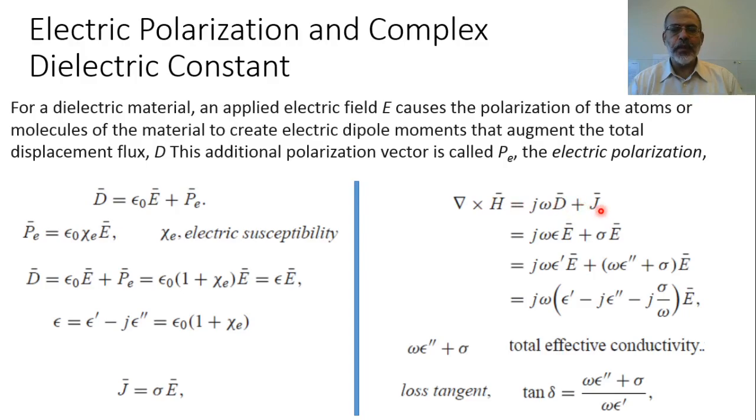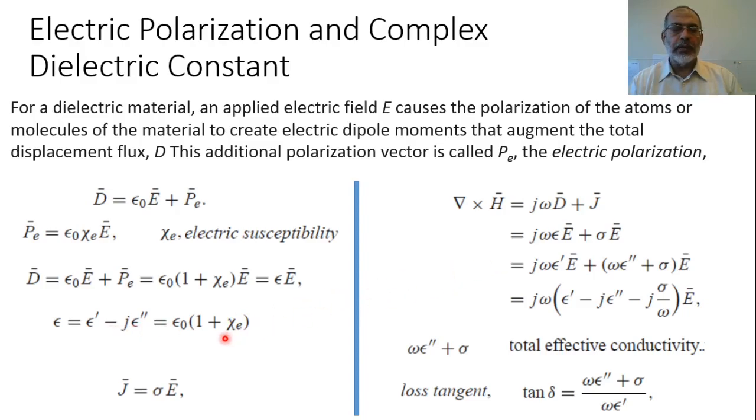Right? Now, we are going to replace D by epsilon E. And we are going to replace J by sigma E. And in this case, this epsilon can be replaced by epsilon dash minus j epsilon double dash. So this would be j omega epsilon dash E. j multiplied by minus j would be 1.